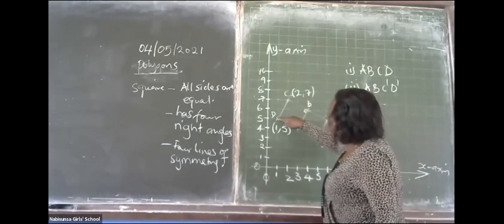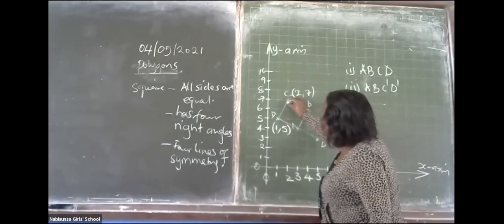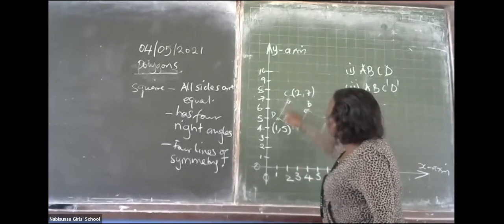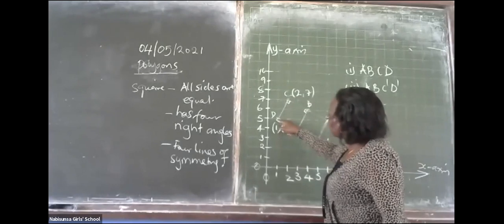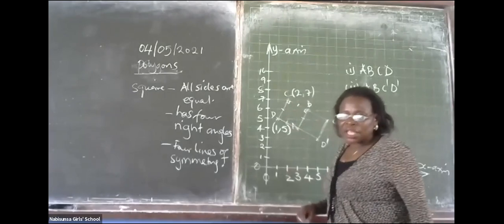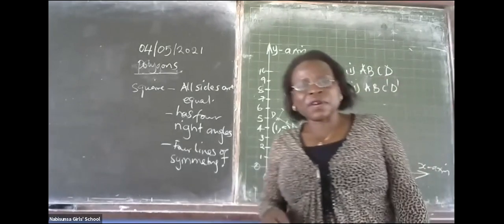From C to D, you still have to measure an angle of 90 degrees, taking the same length, so DC will be the same as CD. All these sides are equal and all the angles are equal, so we are using the properties of a square.